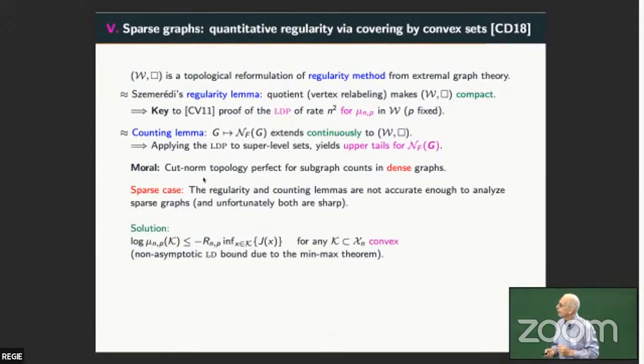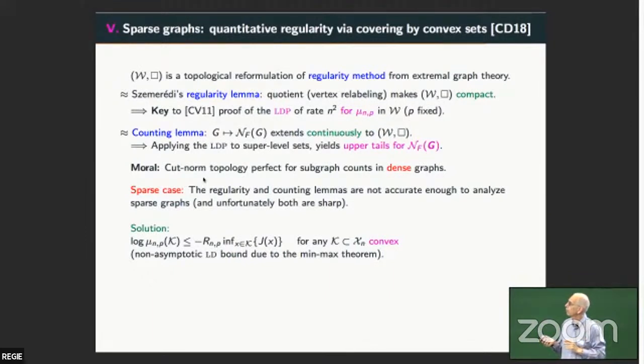The problem you encounter is that the regularity and counting lemmas are not accurate enough to capture anything that is relevant for sparse graphs. The problem is that we make changes on a very small part of the graph, and the change in a very small part of the graph is all that you care about. And the whole point in the regularity and counting lemma is to look at things only at the level of n vertices, never looking at groups of vertices which are much smaller than n. So it's completely impossible to do it.